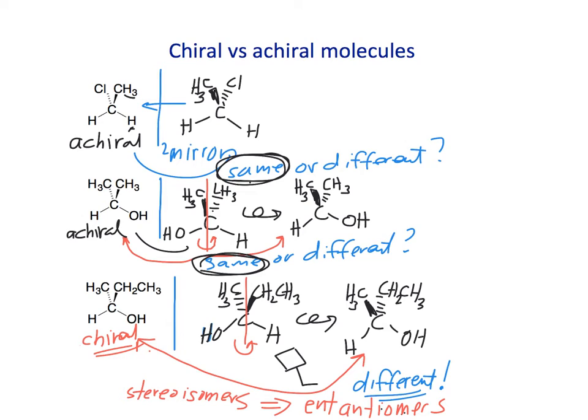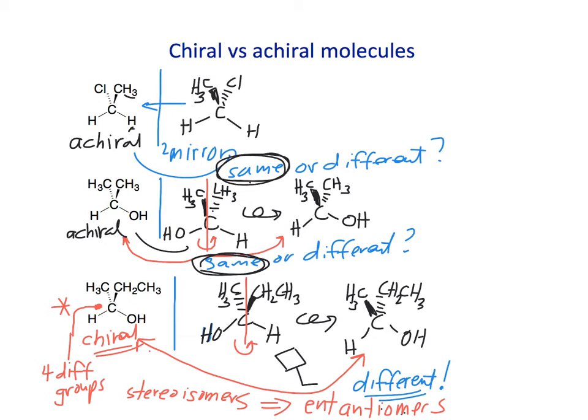So why is it that only the bottom of these three molecules on the left side is chiral? What's different about this structure right here? Well, the difference is that this is the only case where this carbon right here has 4 different groups attached.